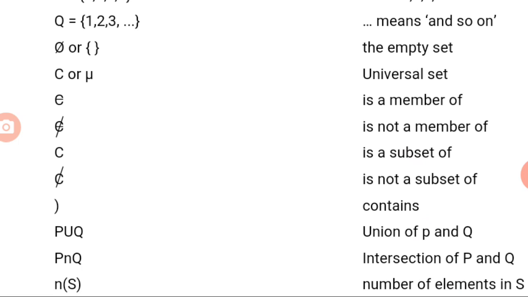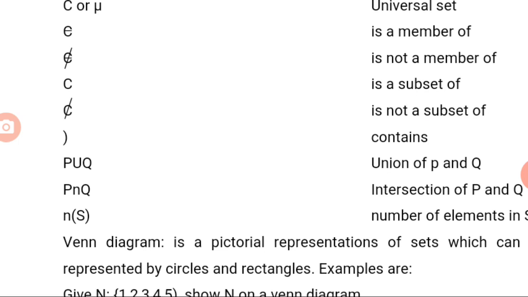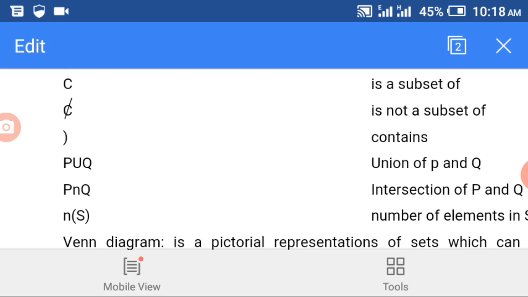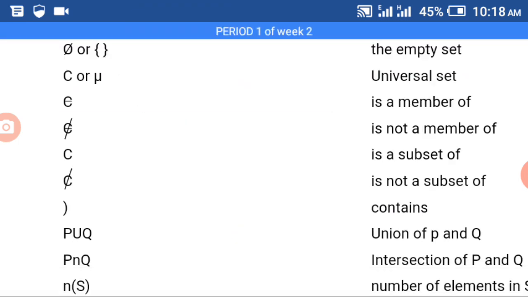That is the symbol of union. That is P union Q. The next one is P intersection Q. Is that clear?